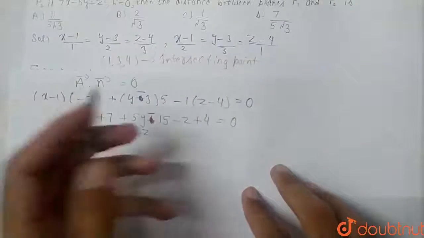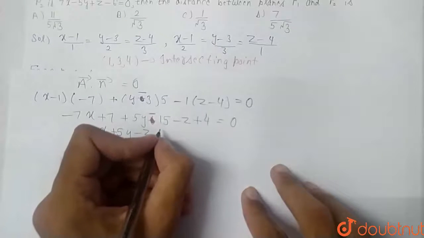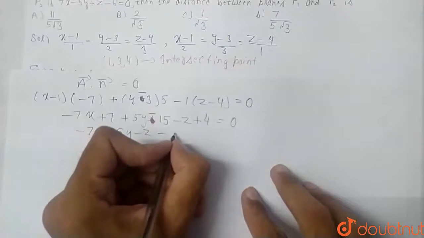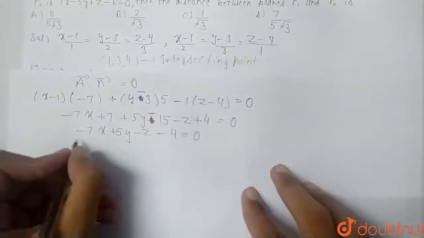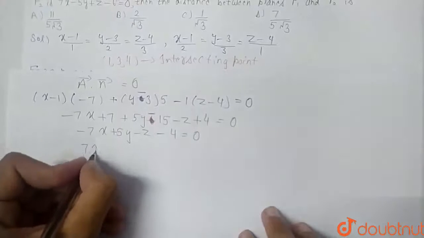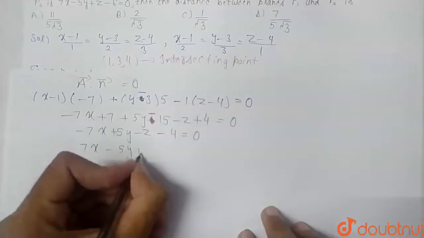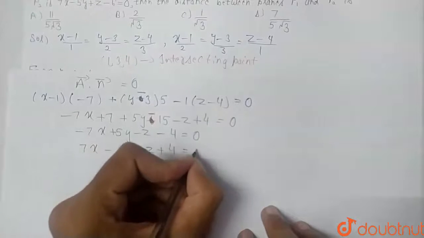So we have minus 7x plus 5y minus z, and the constants are 7 minus 15 plus 4, which gives minus 4, equal to 0. If we take minus common, we have 7x minus 5y plus z plus 4 equal to 0.